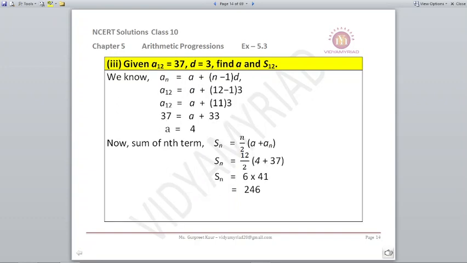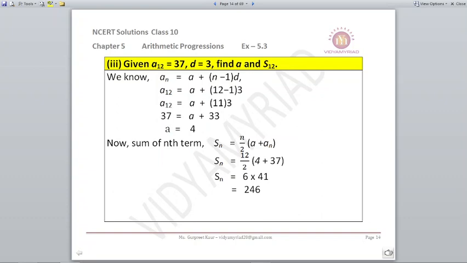Next, a12 is 37, d is given as 3. You have to find out a. So we will apply the same formula of a12. A12 will be equal to a plus 11d. A12 value we have is 37. A we don't know. 11d, d we have 3, so 11 into 3 is 33. A comes out to be 4. We have to find out S12.